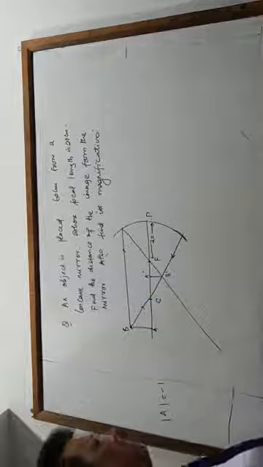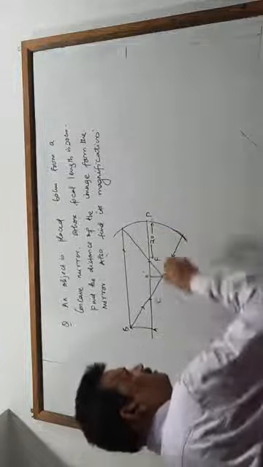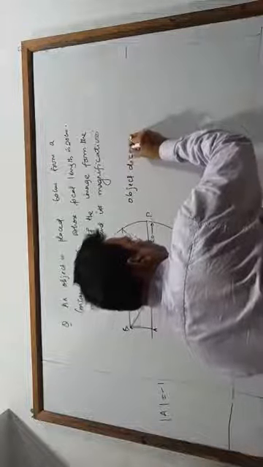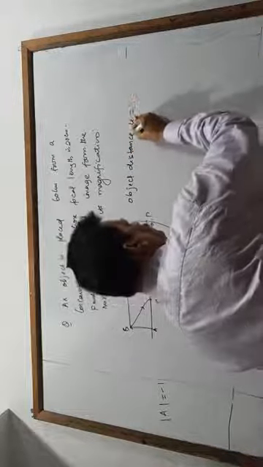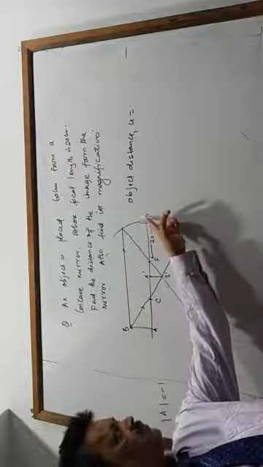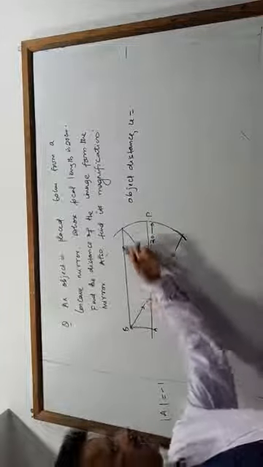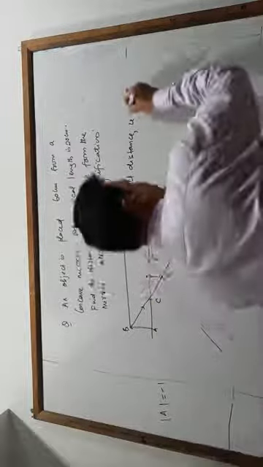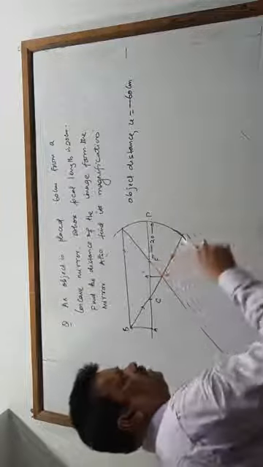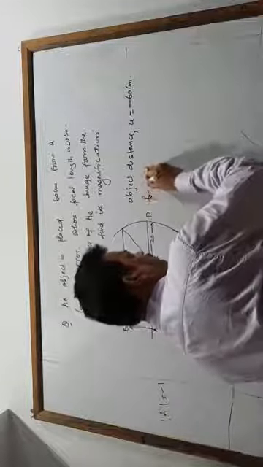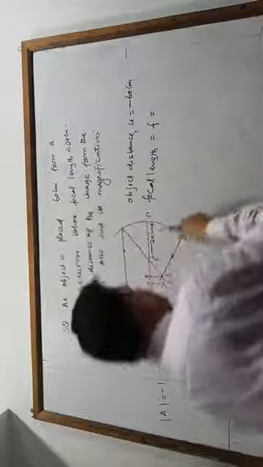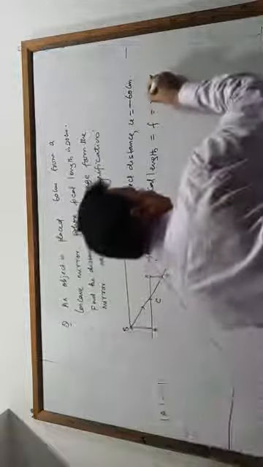Okay, let's count. Object distance u: the object distance is 60, but you are measuring from the pole against the direction of this ray, so minus 60. Focal length f is also against the direction, minus 20.